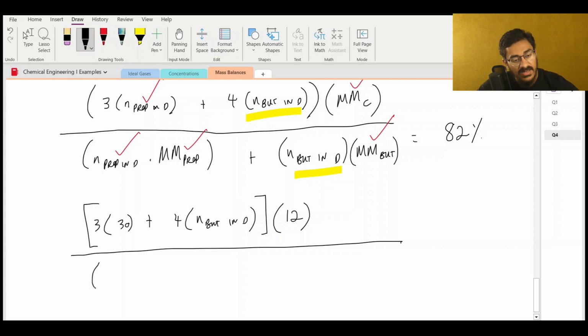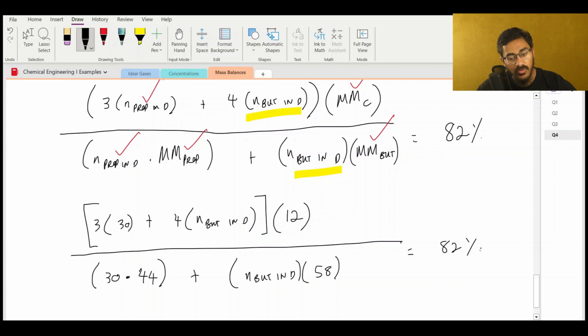All right, the number of moles of propane is 30 times the molar mass of propane, that's C3H8, which is 44 kilograms per kilomole, plus the number of moles of butane in the distillate, which is unknown, multiplied by the molar mass of butane, which is 58 kilograms per kilomole, and that's equal to 82%.